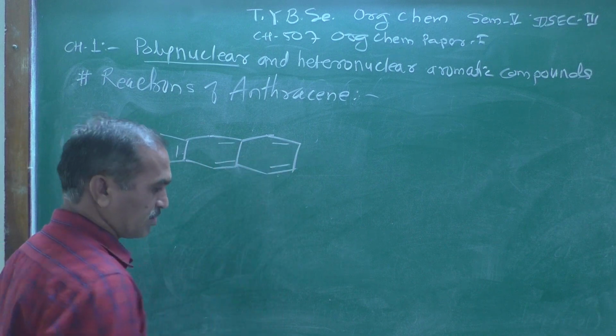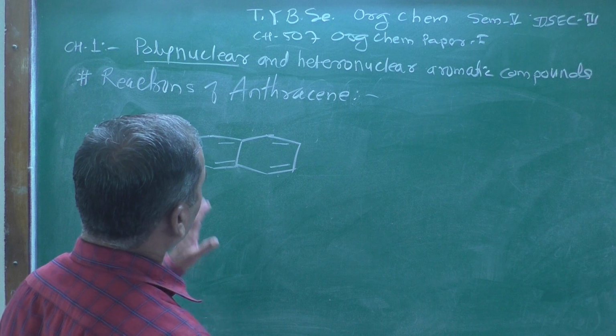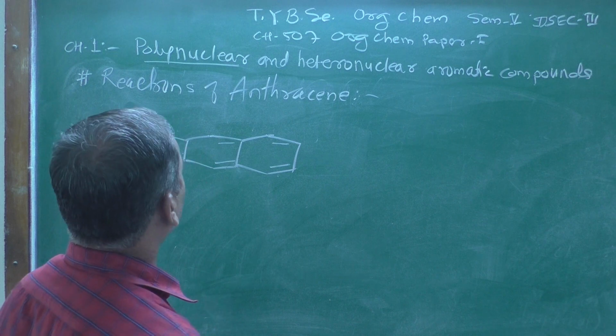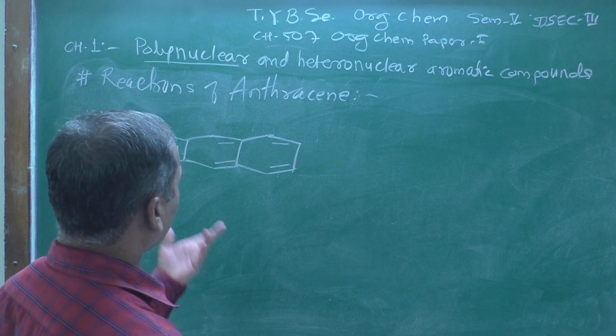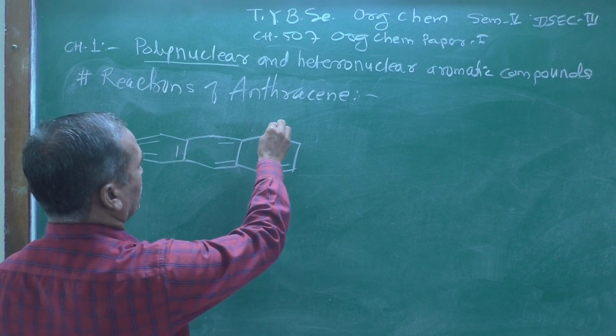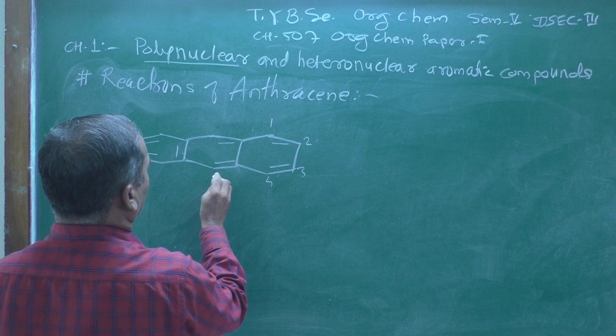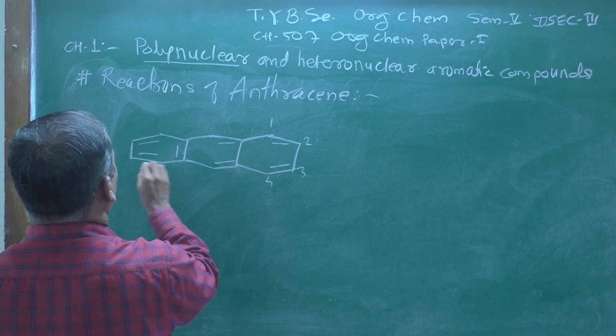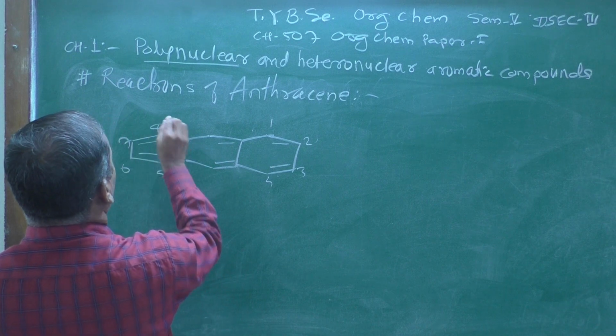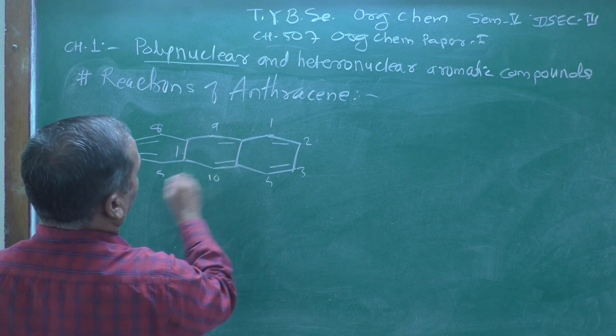This is known as the structure of anthracene. Now, how to give the numbering system for anthracene? Starting from here, remember 1, 2, 3, 4, then 5, 6, 7, 8, 9 and 10.